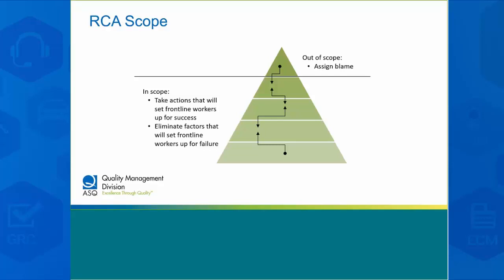So what should RCA be used for? To take action that will set those frontline workers up for success and eliminate factors that set frontline workers up for failure. The focus is on making changes to the underlying systems that affect the individual's performance.